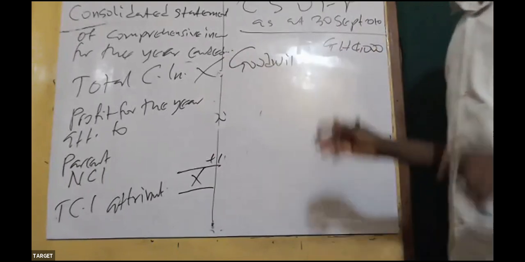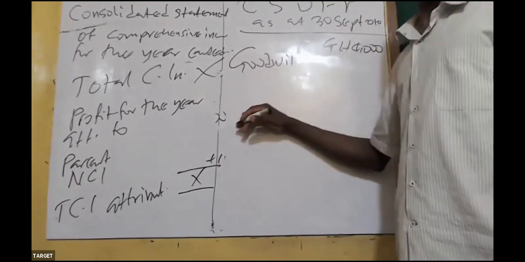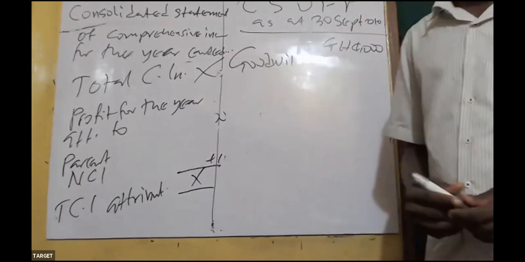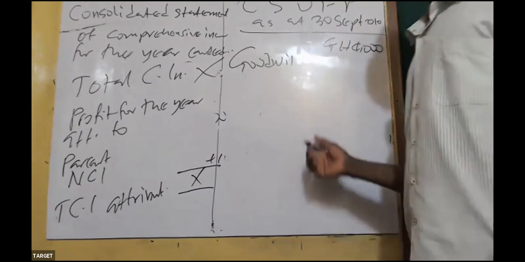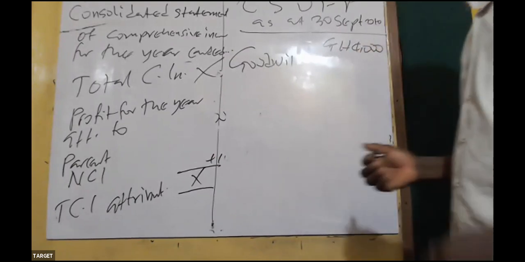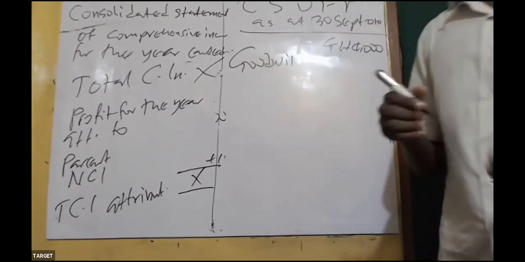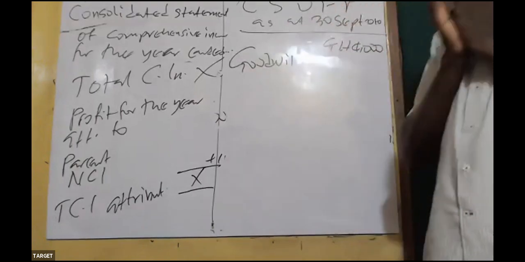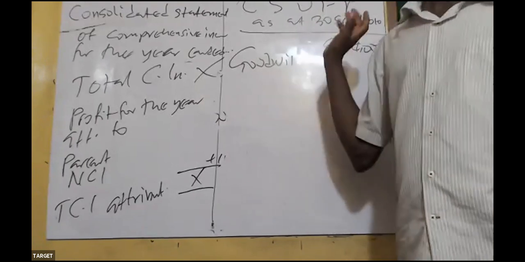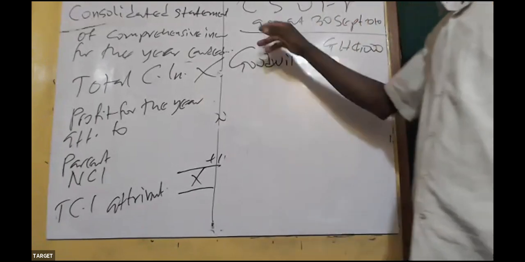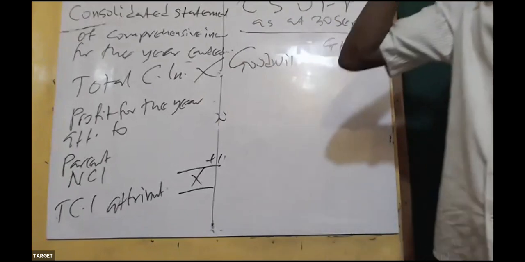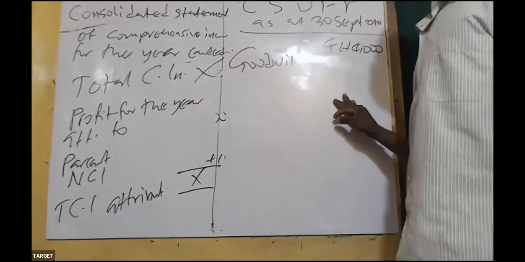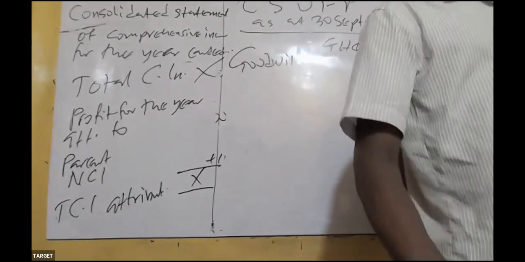But if you know that you remember goodwill, then let goodwill be the last item on the list. That's for the non-current assets. So take note of that. If you remember, after you've listed all your assets, goodwill comes last. If you don't want trouble, just write the goodwill first and be safe. But sometimes you list all the assets and you forget that there's even goodwill that you have to go and calculate. So let's take notes of that.